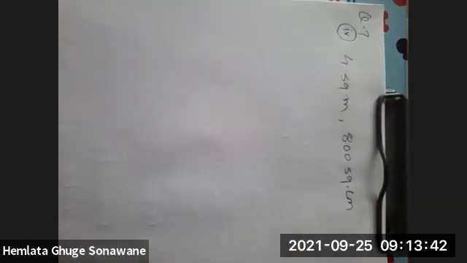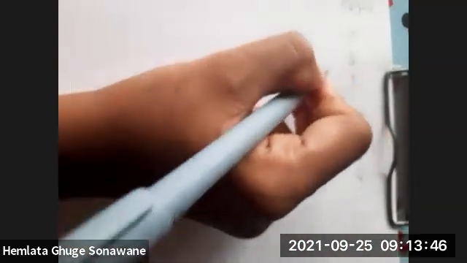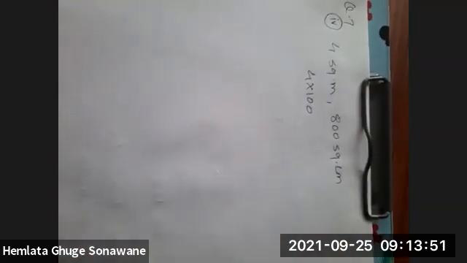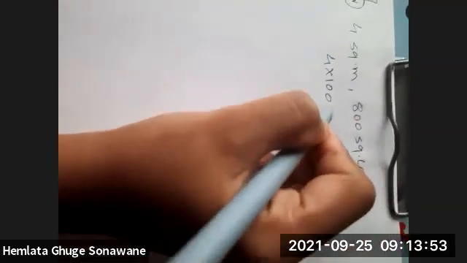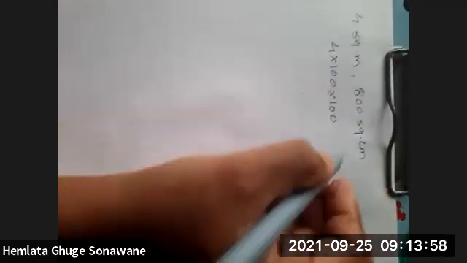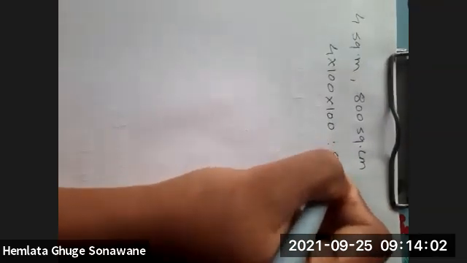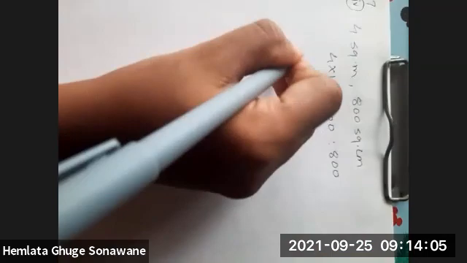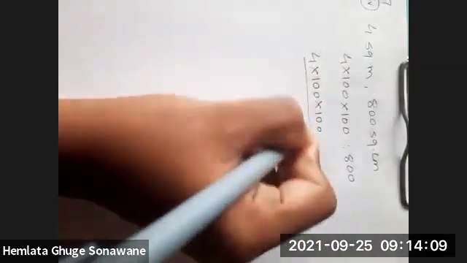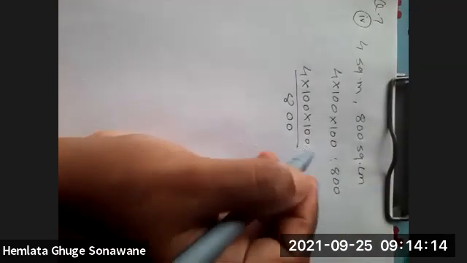We know that 1 meter is 100 centimeter, so we'll multiply this 4 with 100. But here square meter is given, so we'll multiply twice with 100. And we'll find out the ratio with 800 square centimeter. So this will be written as 4 into 100 into 100 upon 800. We will simplify this.